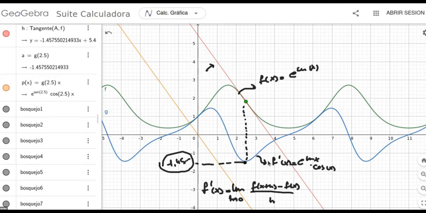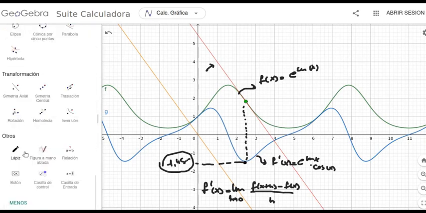But there's a bit more information we can get from it. If we see here, our tangent line is equal to 0. At all these points, our derivative, our blue function, is equal to 0. What happens?